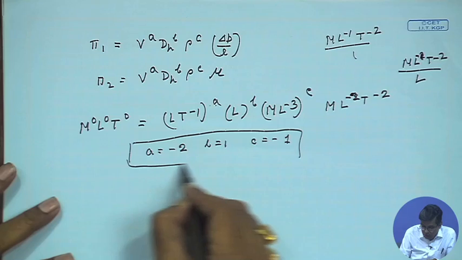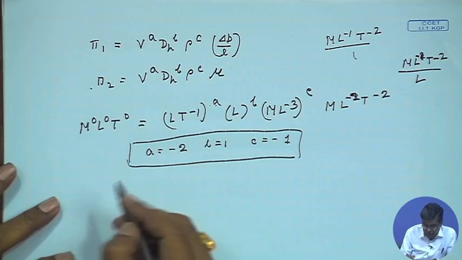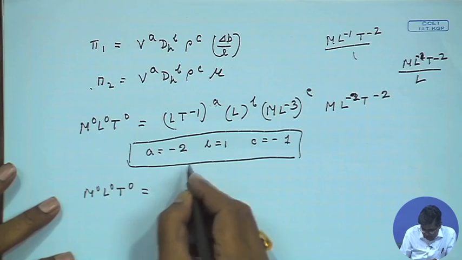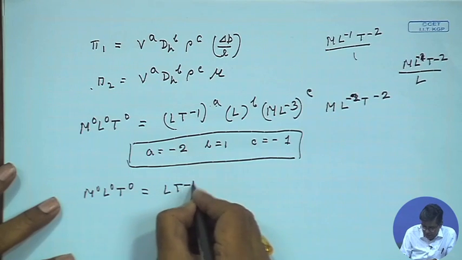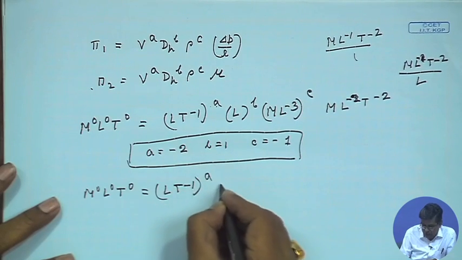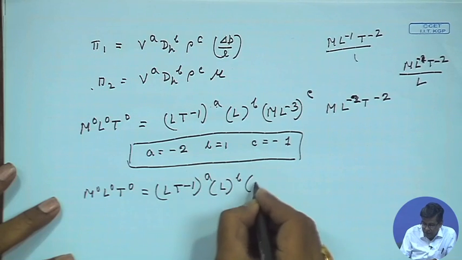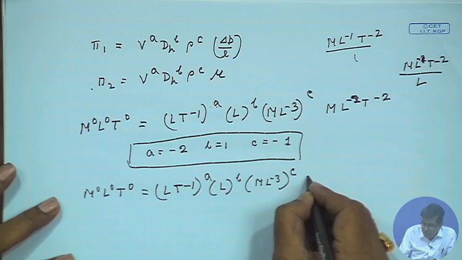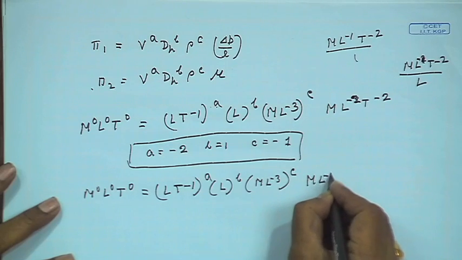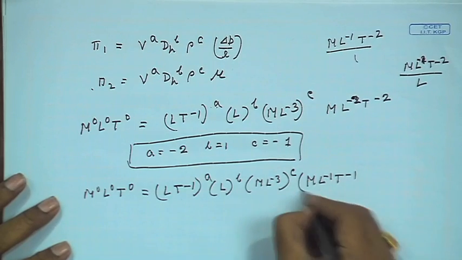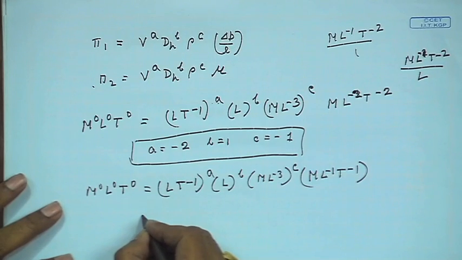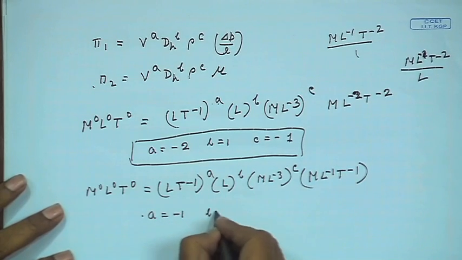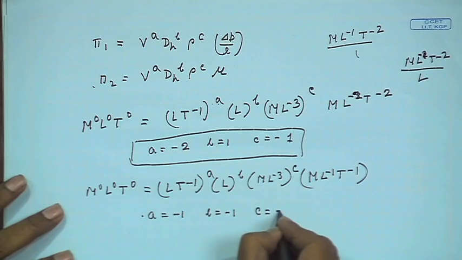And if you do a similar procedure for pi 2, M0 L0 T0 equals L T to the power minus 1 to the power A, L to the power B, M L to the power minus 3 to the power C, and mu is M L to the power minus 1 T to the power minus 1. Then you get A equal to minus 1, B equal to minus 1 and C equal to minus 1.